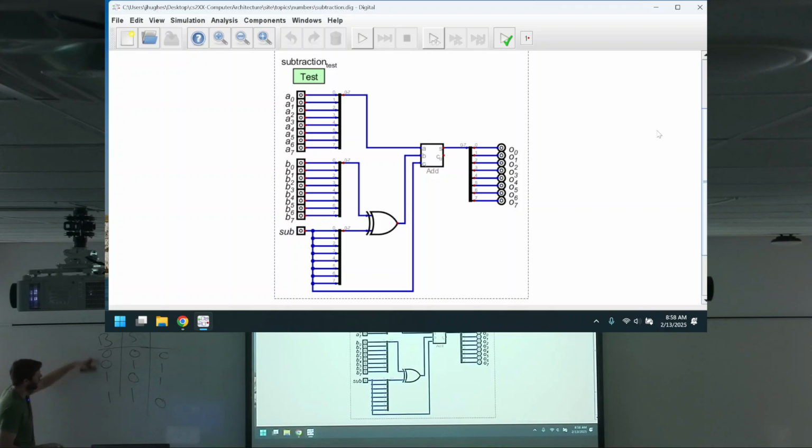If B is a 1 and sub is off, we get a 1. If the subtract signal is not on, it just relays what was there. But if we turn that sub signal on, it inverts the input.